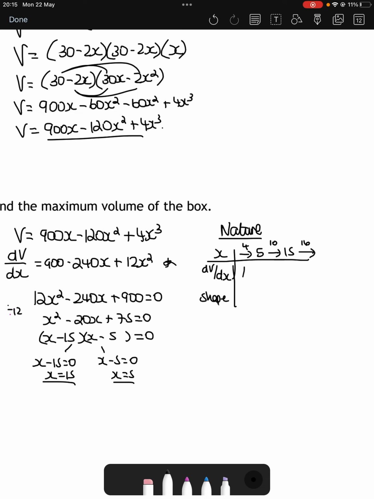So that's positive, that's obviously 0. Negative. And then we should obviously expect to get a positive at the end, but good to just double check. Positive.